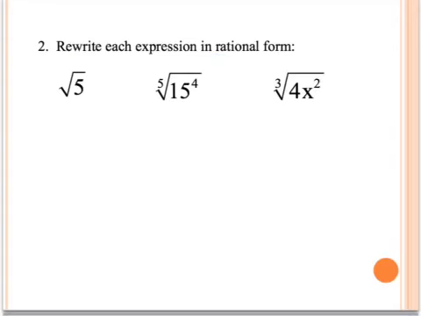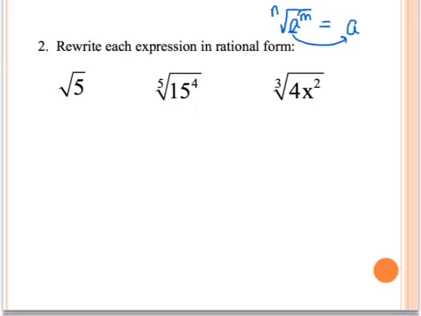Example number 2 says rewrite each expression in rational form. So I'm going to take it from radical form and I want to rewrite it in rational form. Now if you remember, radical form looks like this, the nth root of a to the m power, and I want to write that in rational form. So that's going to be whatever my radicand is, that's my base.